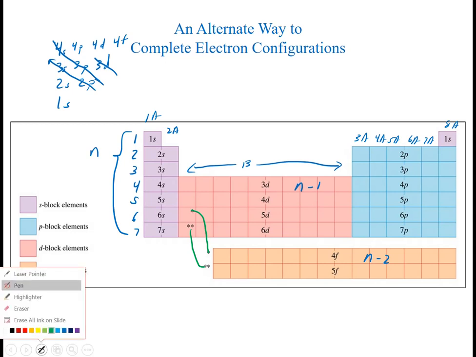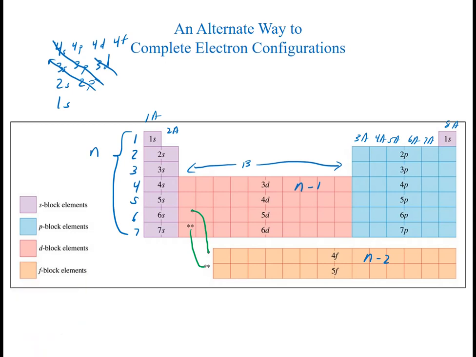If I go back up here, there's 5s, 5p, 5d, 5f, 6s, 6p, 6d. There's not such a thing as 6f, but in theory, I go 4p, 5s, 4d, 5p, 6s, and then 4f. So it is 6s and then 4f in the buildup. This is the same method, but I'm only using a periodic table to look at it.